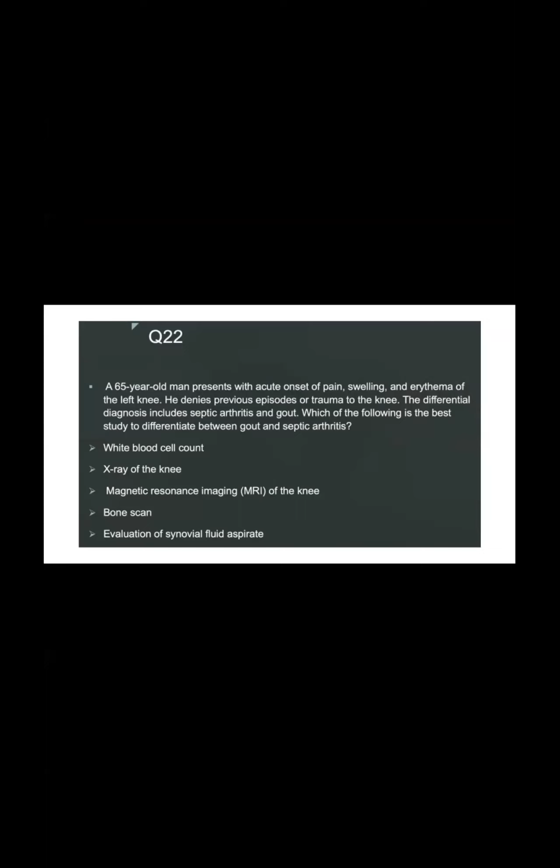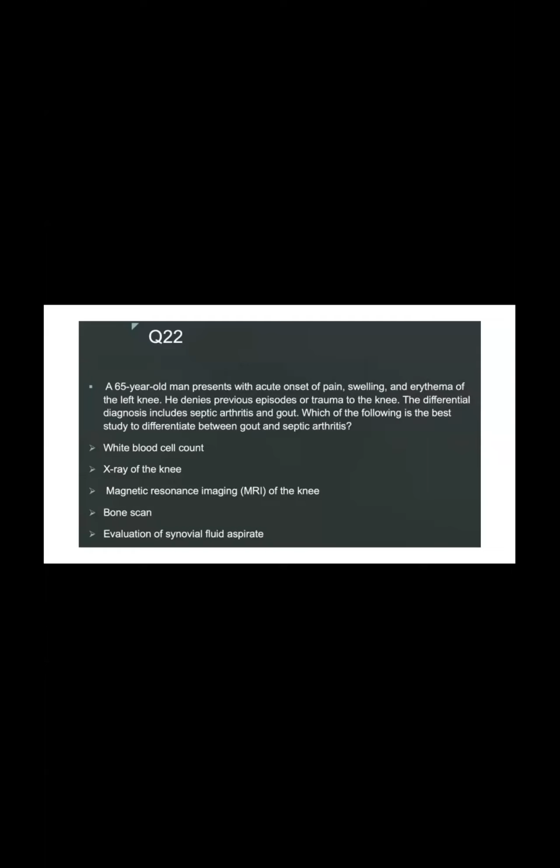A 65-year-old man presents with acute onset of pain, swelling and erythema of the left knee. He denies previous episodes or trauma of the knee. The differential diagnosis includes septic arthritis and gout. Which of the following is the best study to differentiate between gout and septic arthritis?